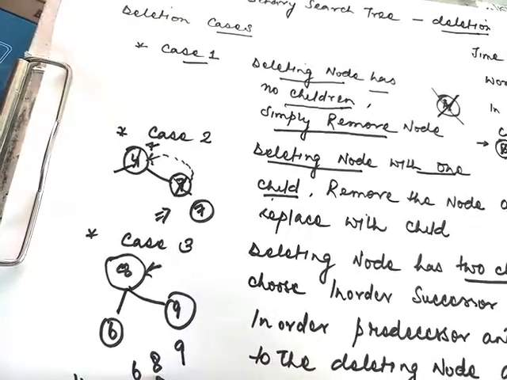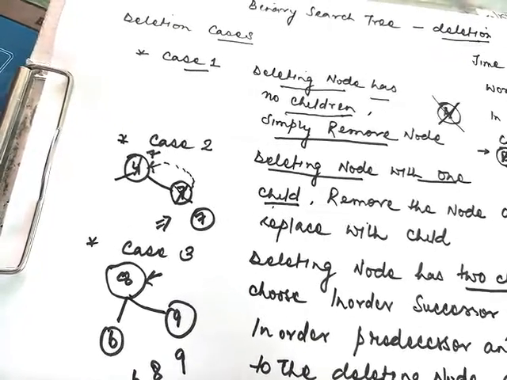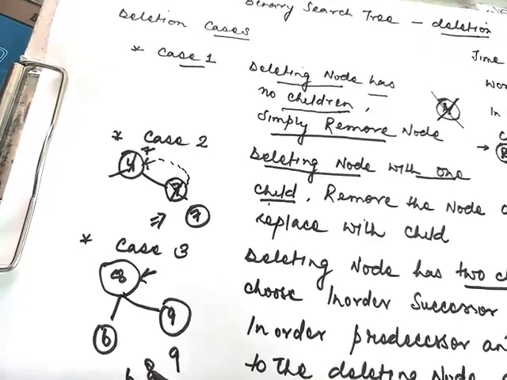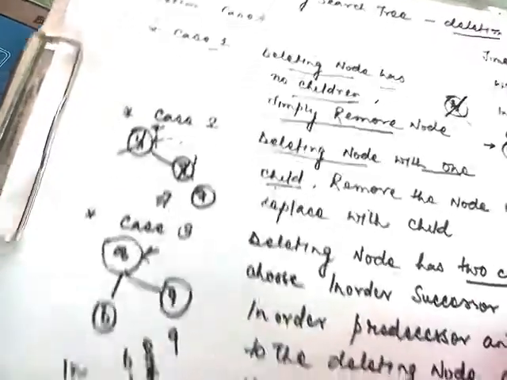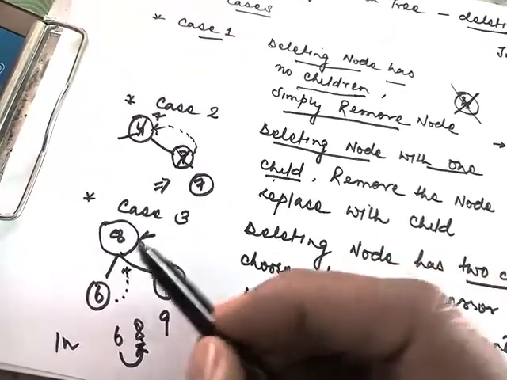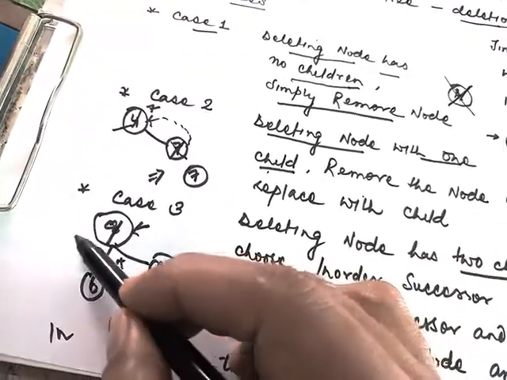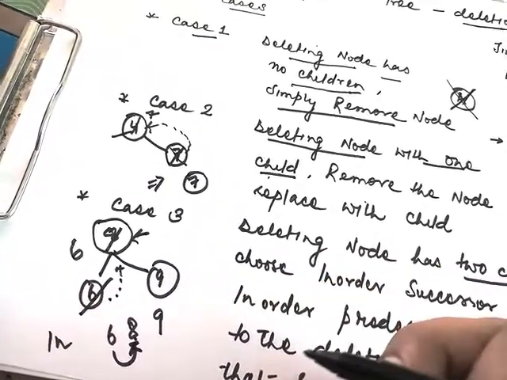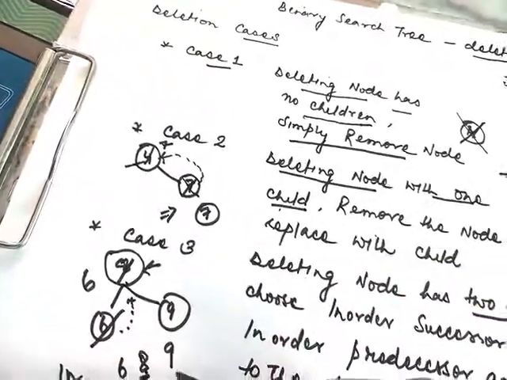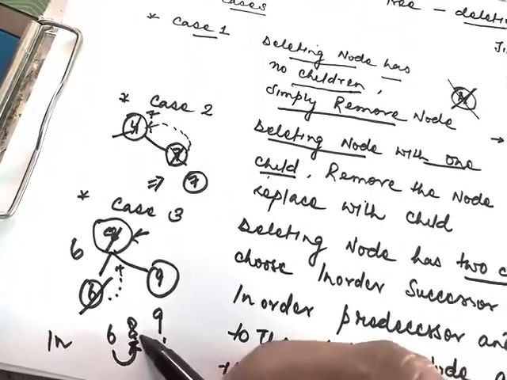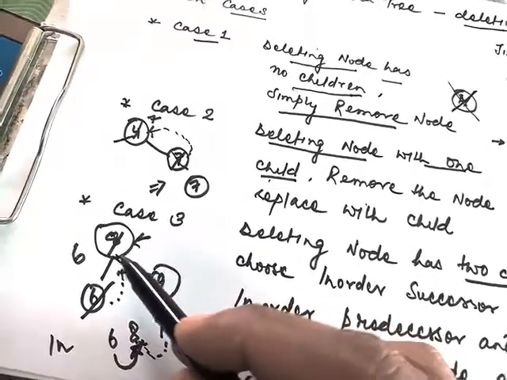So if you have to remove this 8, either you can copy the predecessor of 8 at this place, like this. So it will become 6, and then just remove this node, or you can copy the in order successor of 8, that is 9, who comes after 8.